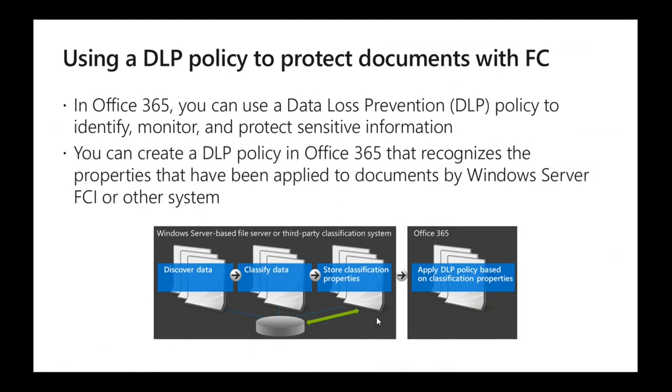There are various levels of doing so. In Office 365, you can use a DLP policy to identify, monitor, and protect sensitive information. You can create a DLP policy in Office 365 that recognizes the properties that have been applied to documents by Windows Server. That's your typical on-prem environment.